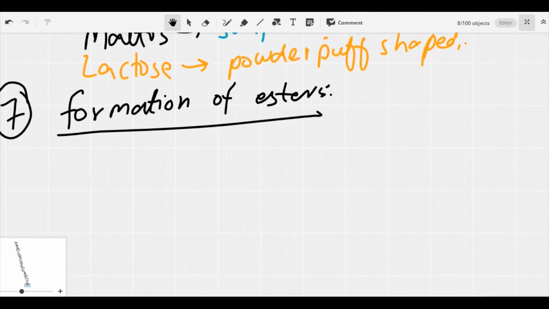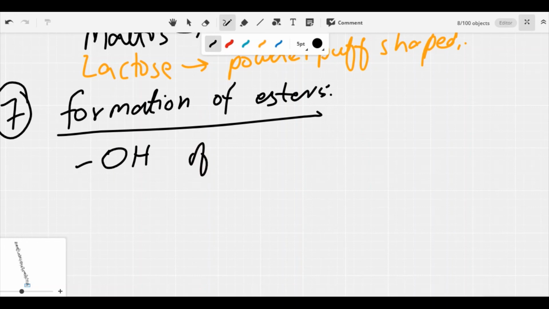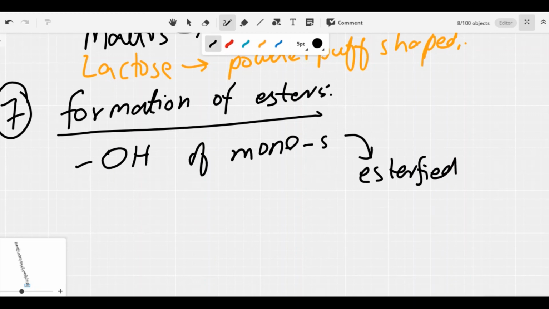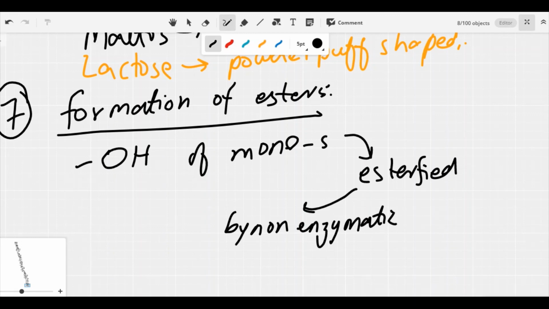In ester formation, the alcoholic groups of the monosaccharides may be esterified by non-enzymatic or enzymatic reactions.